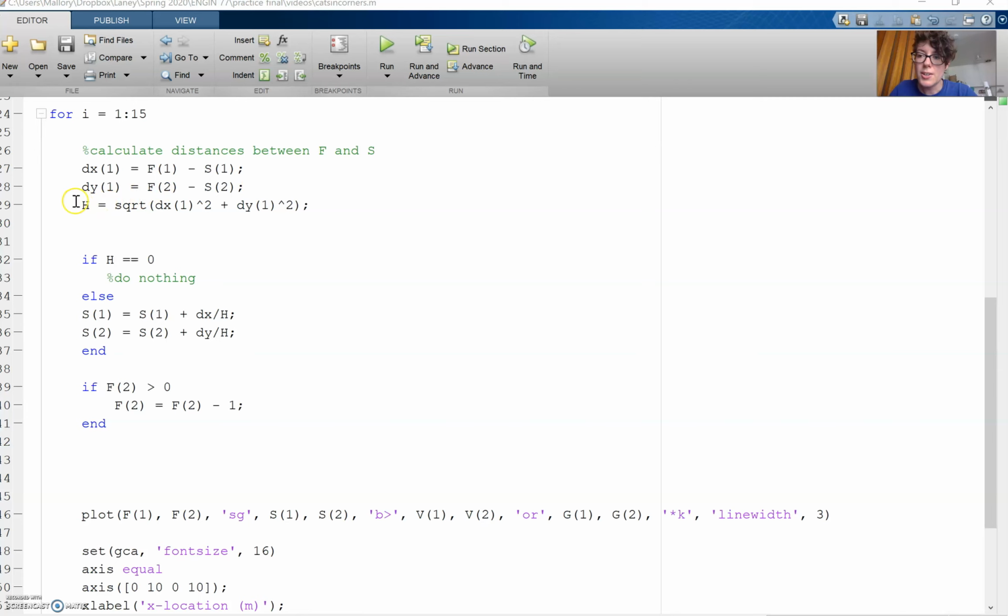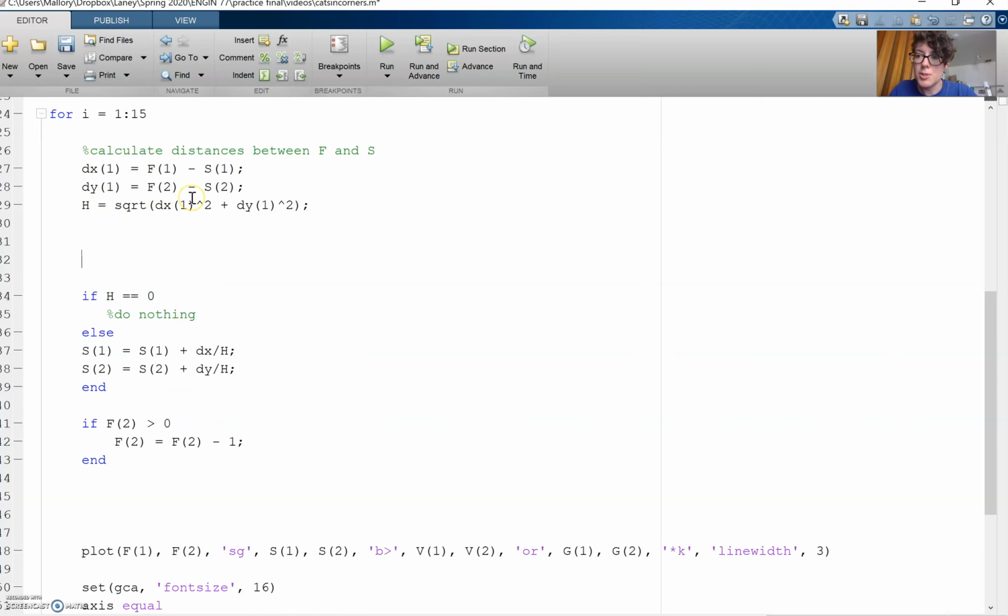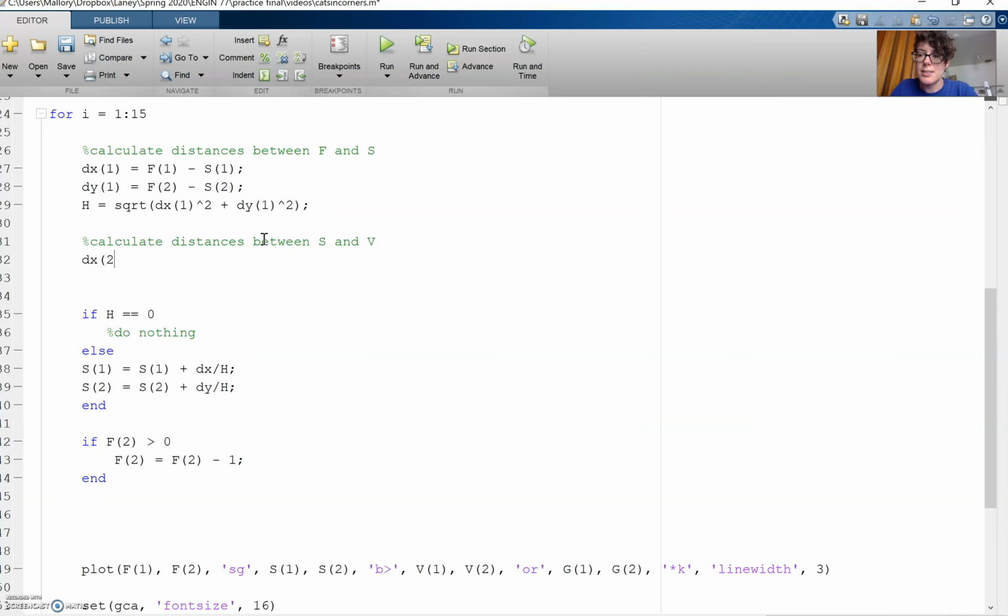So looking back at our code, right around here, I'm going to calculate the distances between S and V. And remember, I want to calculate these distances before I have moved any of my cats. Otherwise, I'll end up with this kind of weird thing where one cat moves more or less than it should. So dx, let's put this in the second location, is S of 1 minus V of 1.